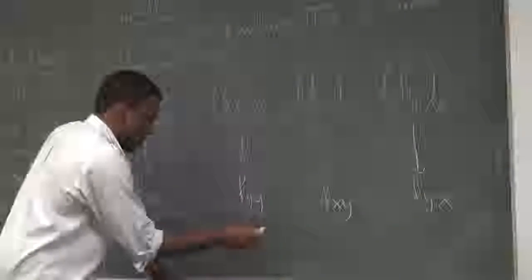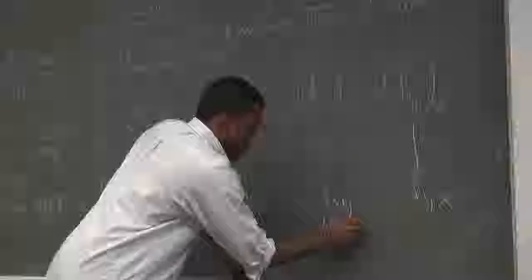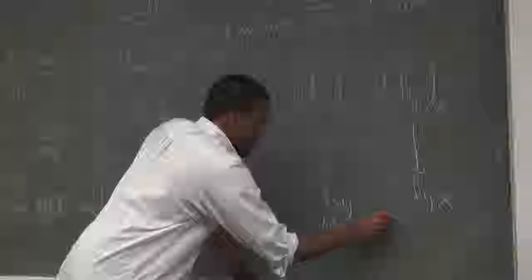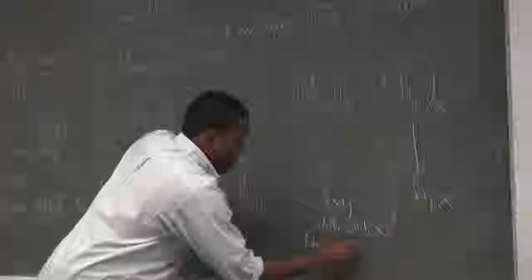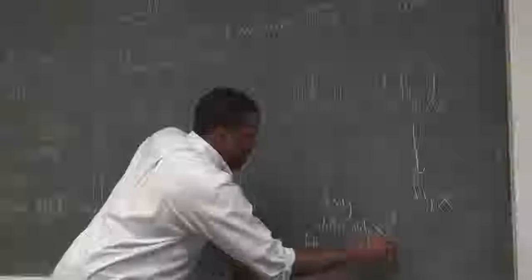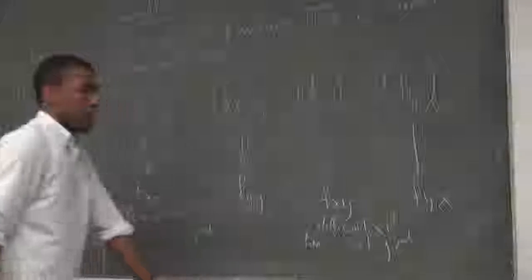So this is similar. Here it means you differentiate with respect to x first, then differentiate with respect to y second, and so on and so forth. So the notation is read from left to right.